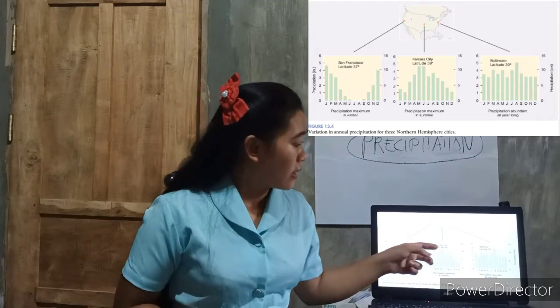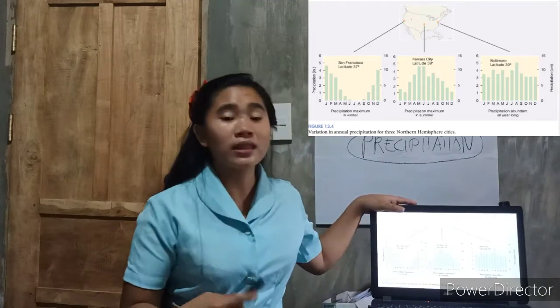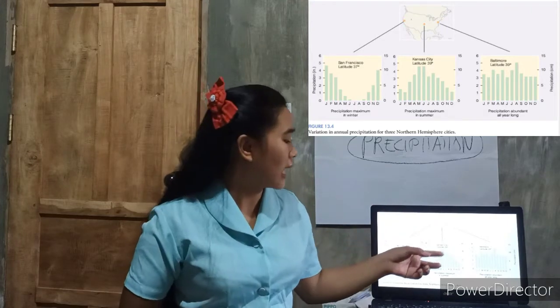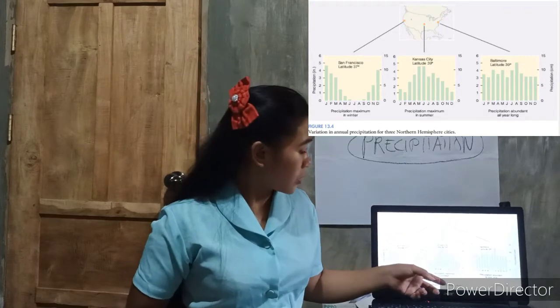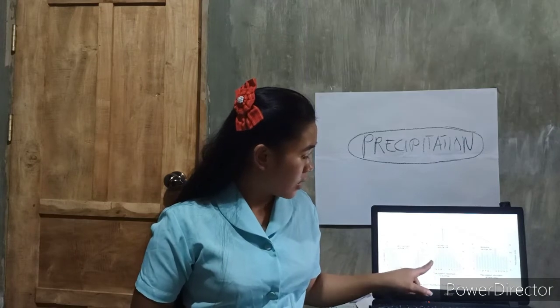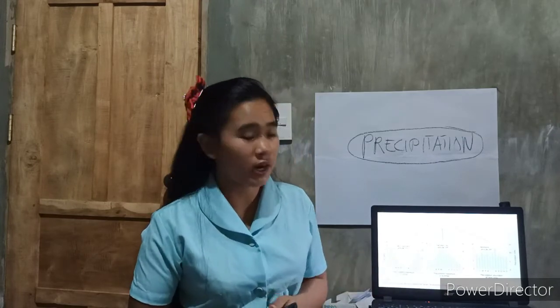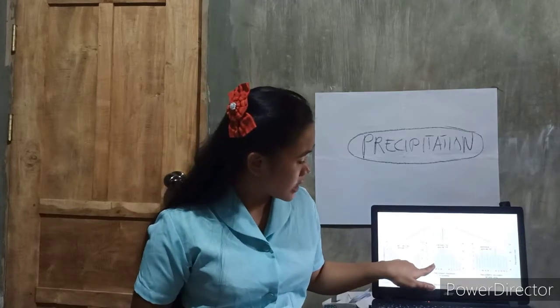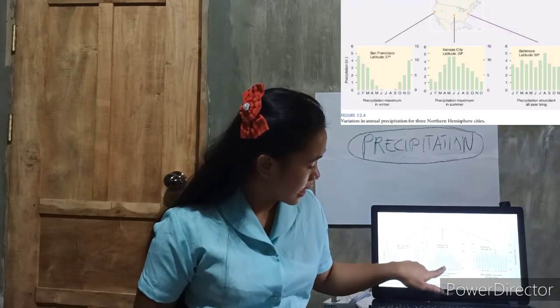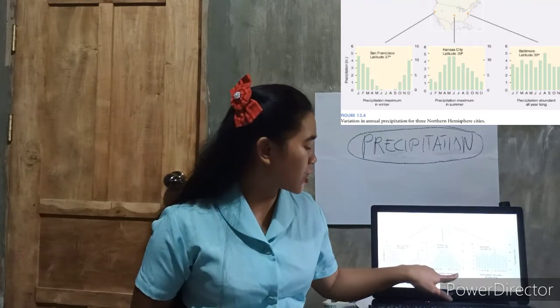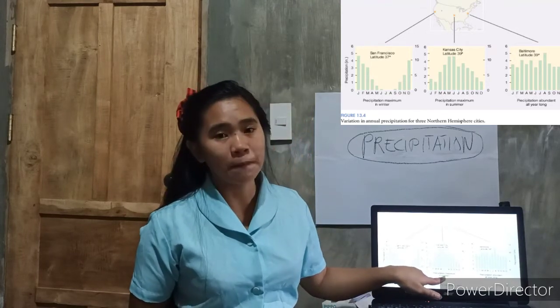Let's now look at the Central Plain city, Kansas. As you can see, the graphs of San Francisco and Kansas are so much different. The highest is during summer, because precipitation is maximum in summer.